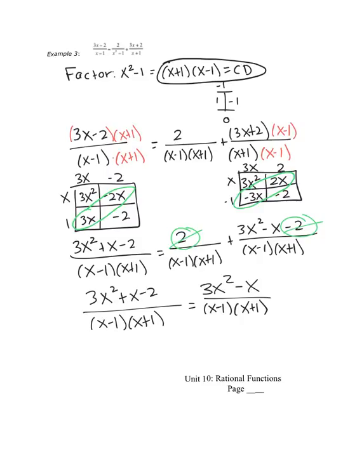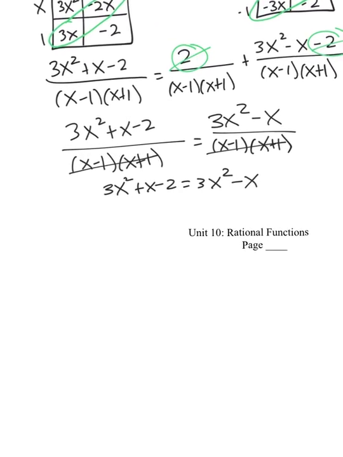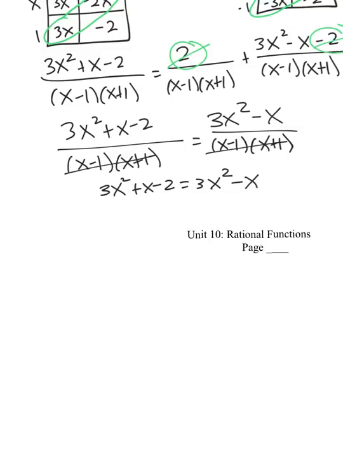Okay, our denominators are the same, so we can get rid of them. So you've got 3x squared plus x minus 2 equals 3x squared minus x. Our goal here is going to be to get all those terms on the same side. It doesn't matter how you do this, I'm going to subtract 3x squared from both sides.